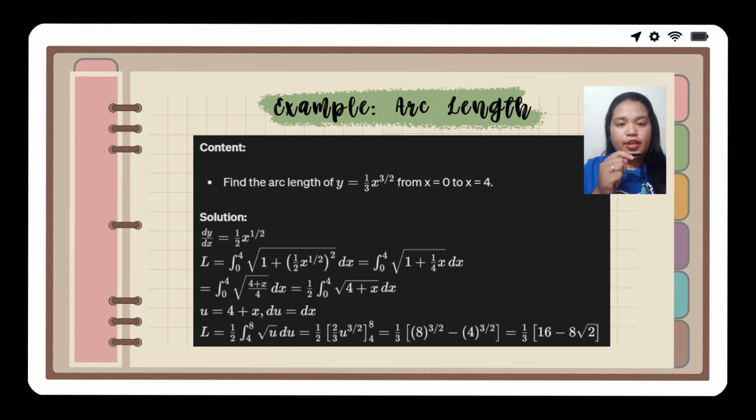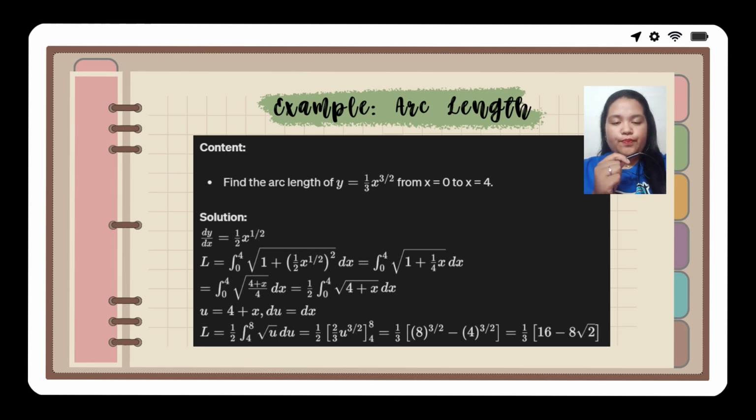We need to find the arc length of y equals 1/3 x to the 3 halves from x equals 0 to x equals 4. First, we find the derivative dy over dx equals 1/2 x to the one half. Plugging this into the arc length formula, we get L equals the integral from 0 to 4 of the square root of 1 plus 1/2 x to the 1/2 squared dx, which simplifies to 1/2 times the integral from 0 to 4 of the square root of 4 plus x dx.